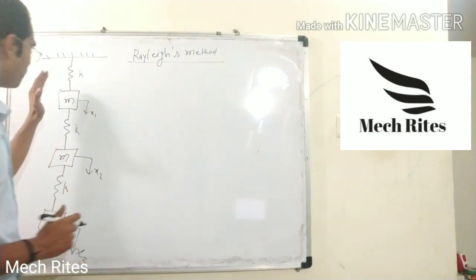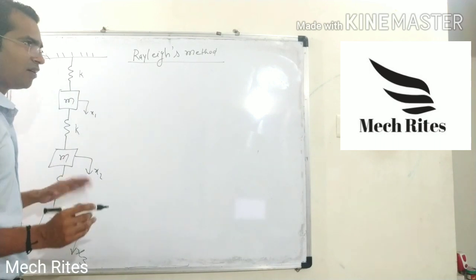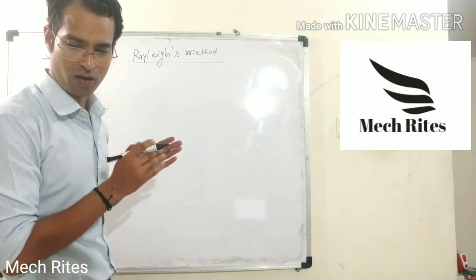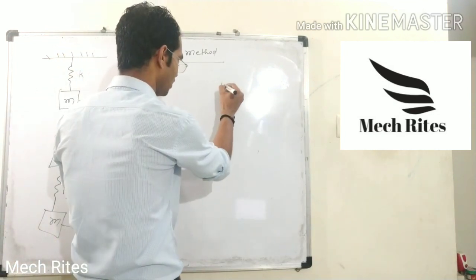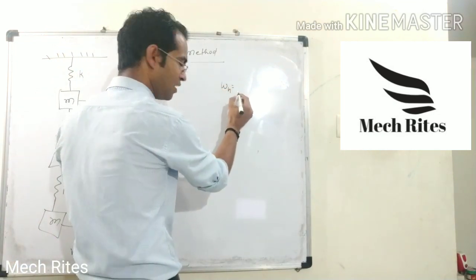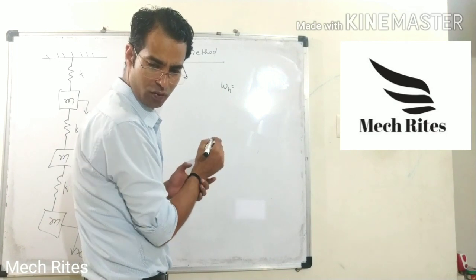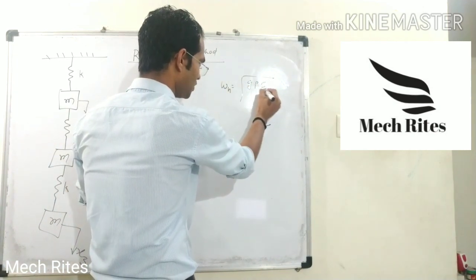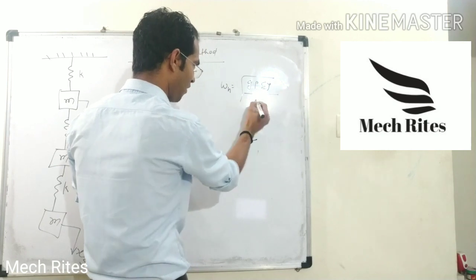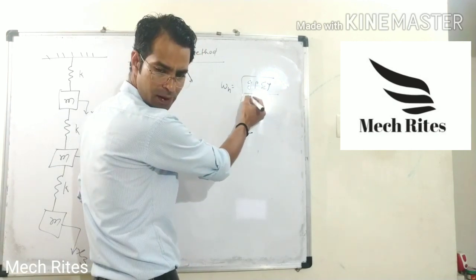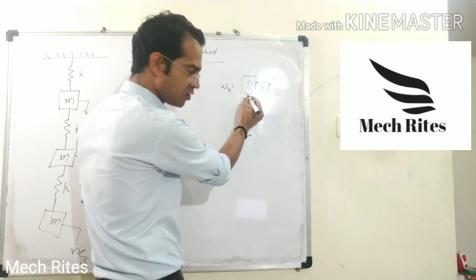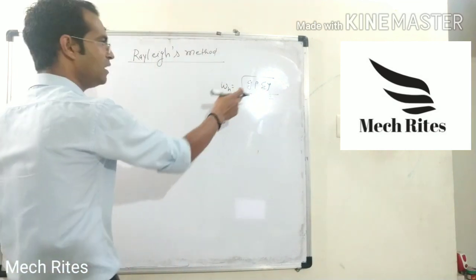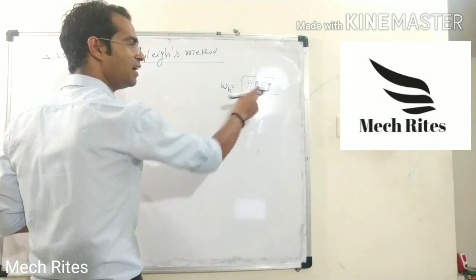Let's start. First of all, we know what Rayleigh's method is and what the formula of Rayleigh's method is. In the formula, you will see that omega n equal to under root g into summation of p y divided by summation of p y square, where p is the load and y is the deflection.